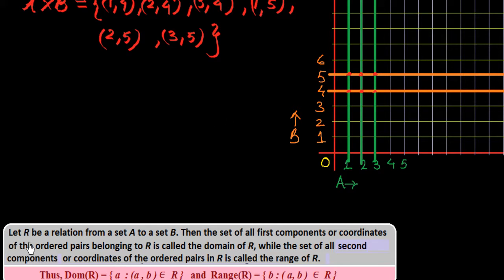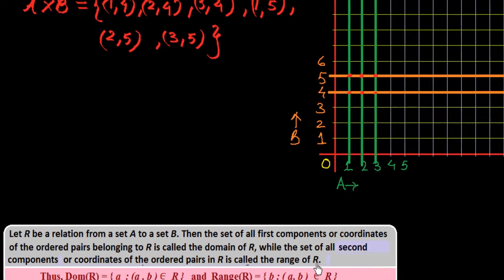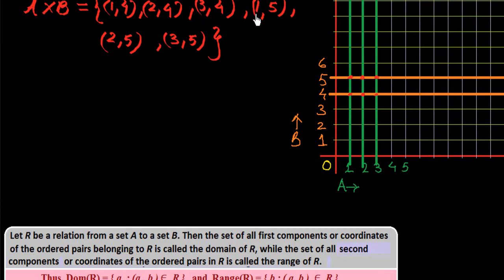Let R be a relation from a set A to a set B. Then the set of all first components or coordinates of the ordered pairs belonging to R is called the domain of R, while the set of all second components or coordinates of the ordered pairs in R is called the range of R. The first components 1, 2, 3 are the domain of this R. It means set A is the domain of R, and the second coordinates 4, 4, 4, 5, 5, 5, that is 4 and 5, are the range of R.